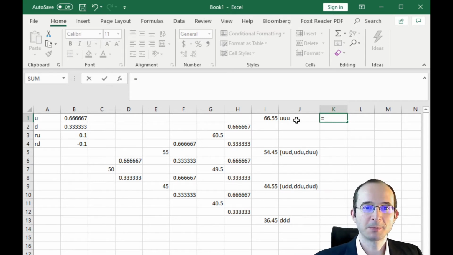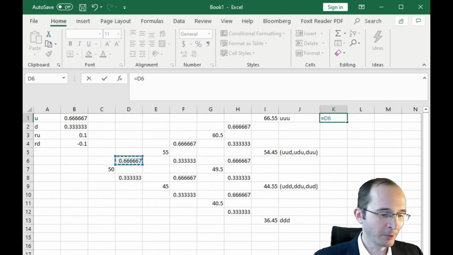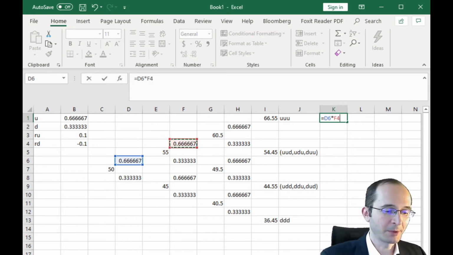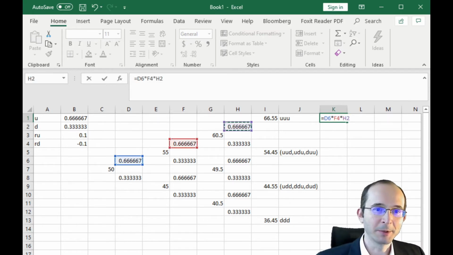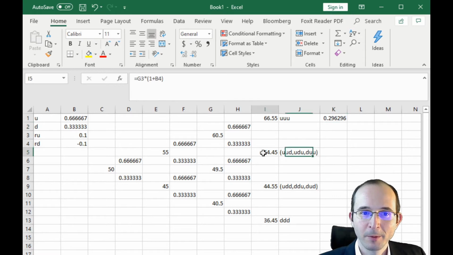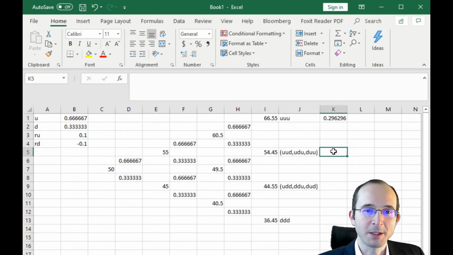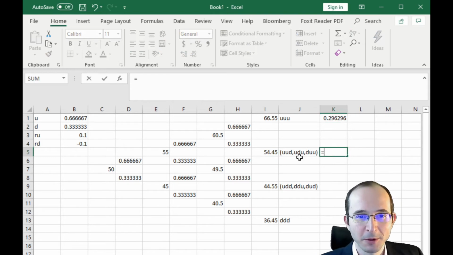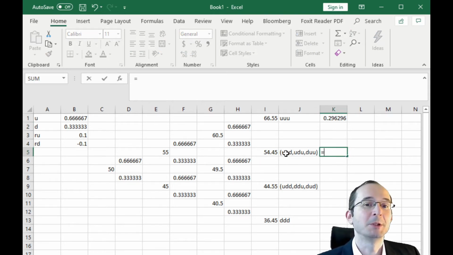Well, just one way, and that would be probability of going up, probability of going up again, and probability of going up once more, 29.6%. What about these three states? Well, since there's three states, there should be three different ways to do it, which we have outlined already. So we better account for all three of them to make sure that our probabilities are sensible.